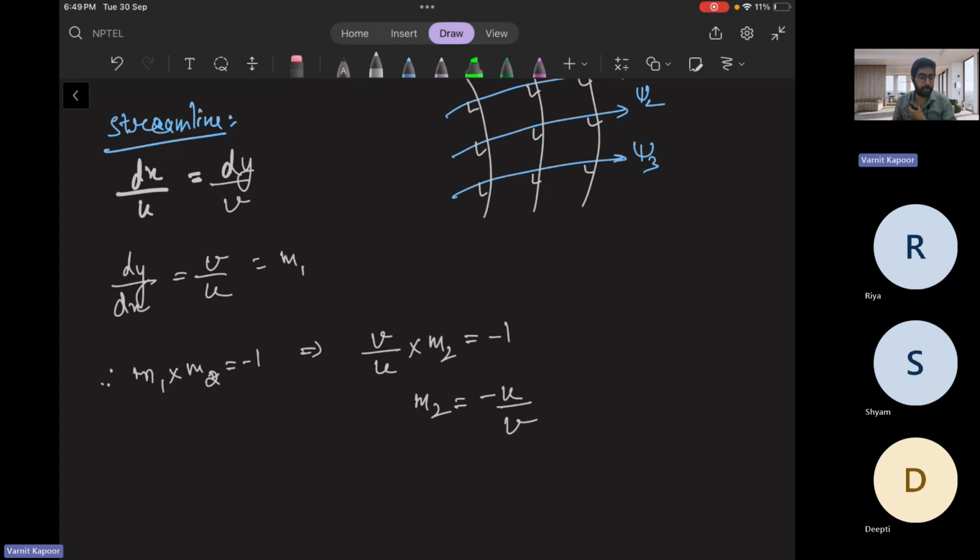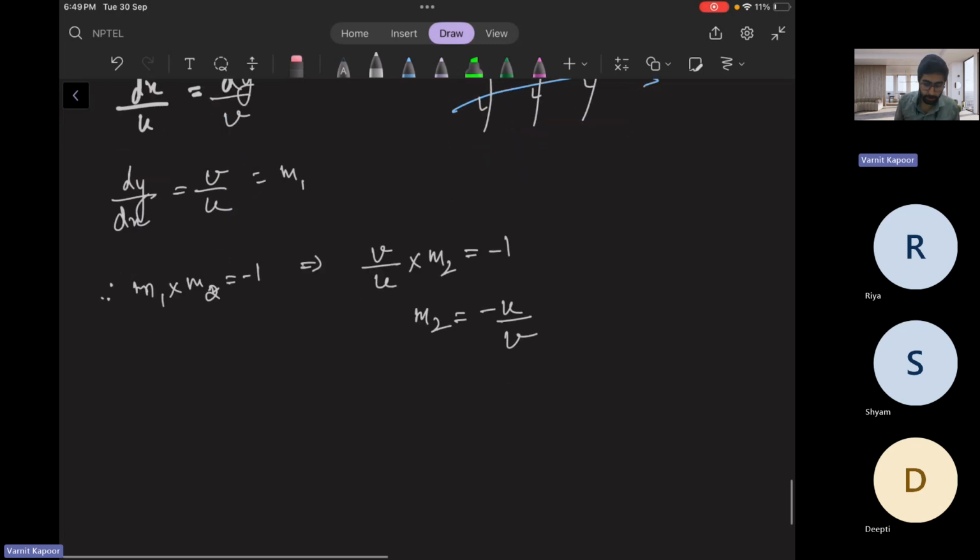So this is your relation. v by u is your first slope for stream function lines, and minus u by v is your second slope. So the slope of streamline, dy by dx, is v by u.